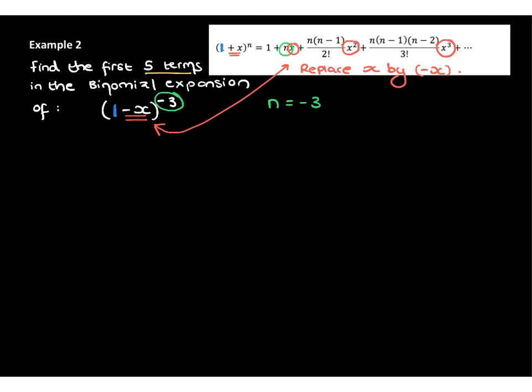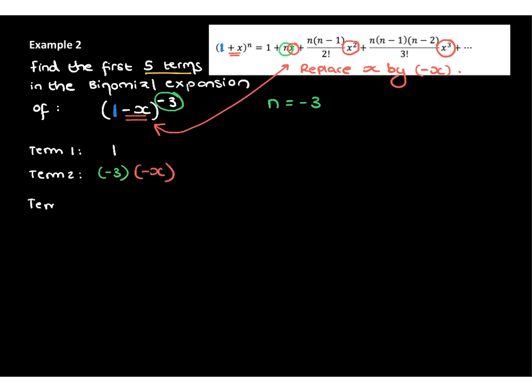So my first term is going to be 1. My second term is going to be n multiplied by x. So my n is, of course, -3, but my x is negative x.